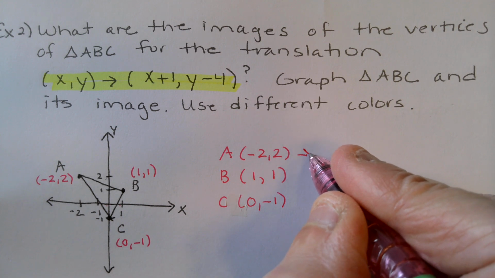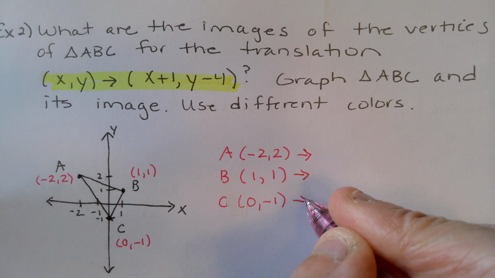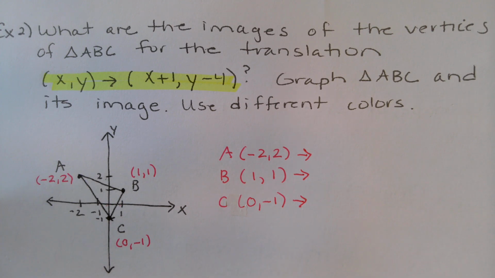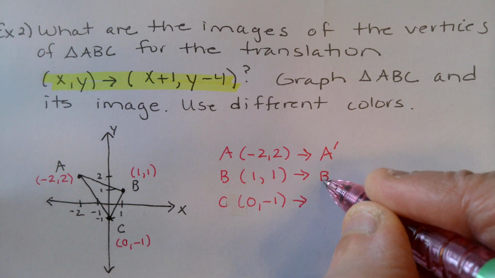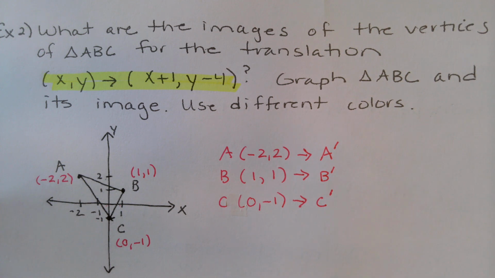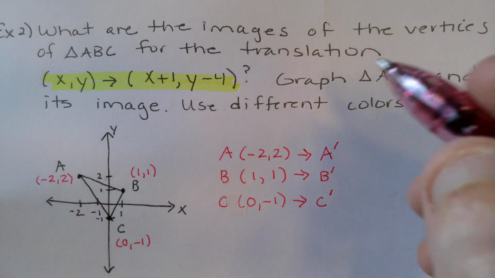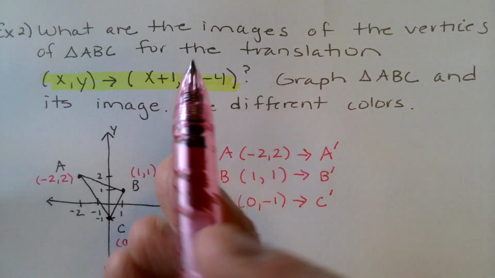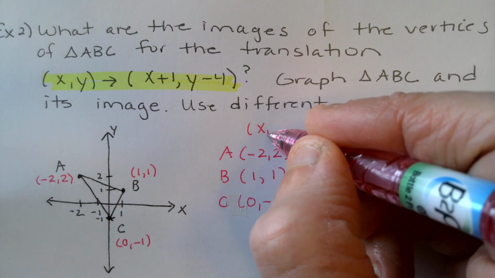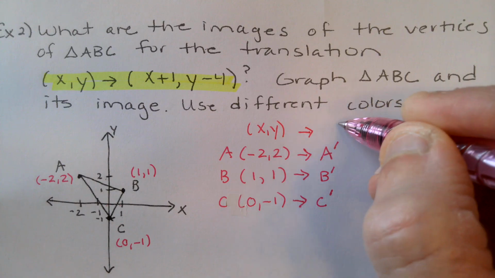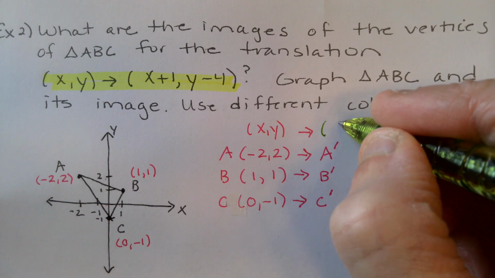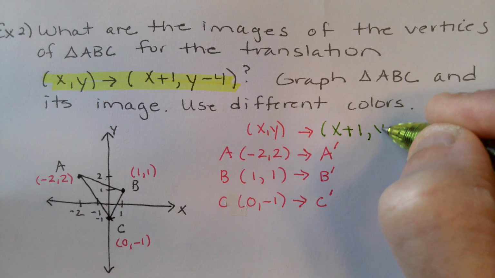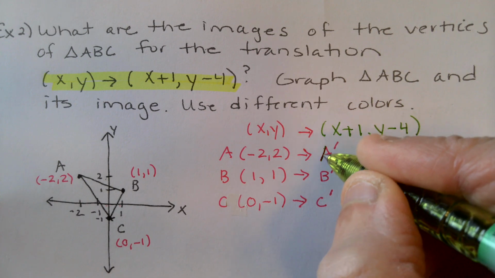And our question is, what will they each map onto? And we are going to call our new points A prime, B prime, and C prime. And I'm going to copy this rule down because this is XY, and it's going to map onto, I'm going to use a different color as directed, X plus 1 and Y minus 4.